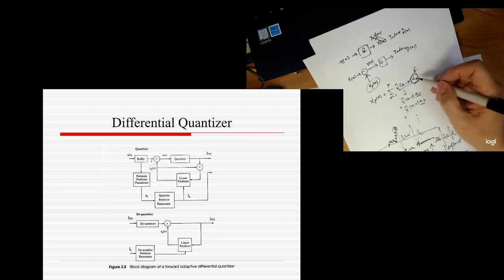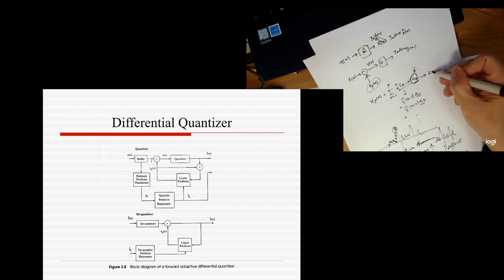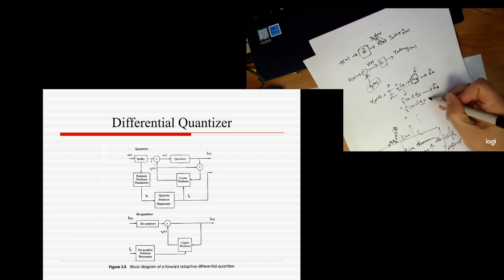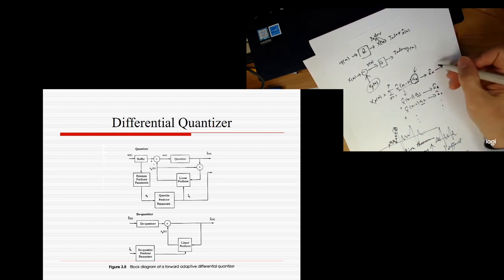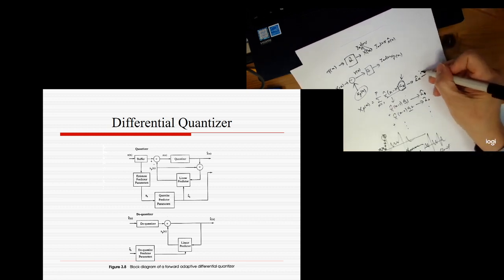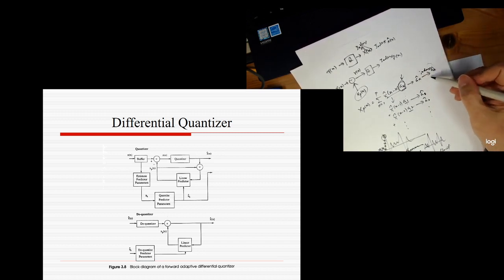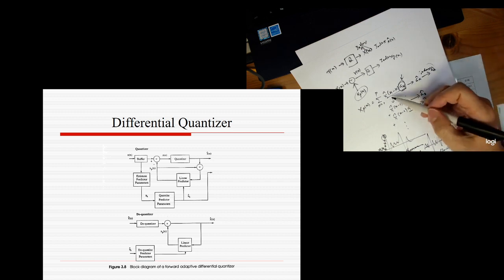However, because we have to send the coefficient to the decoder to synchronize with the encoder, it's not the original coefficient. We use a quantizer to make the bit count smaller. So what is sent to the decoder is the index of A k of n. The decoder gets this and recovers the coefficient. According to the coefficient, it can do the prediction.